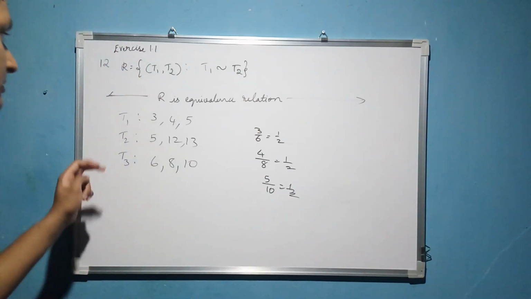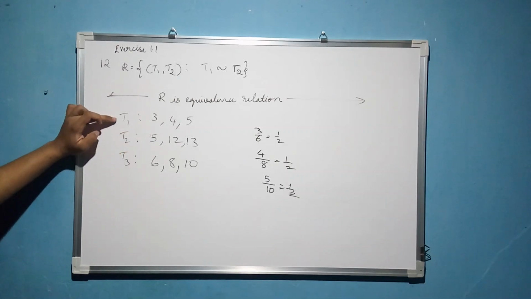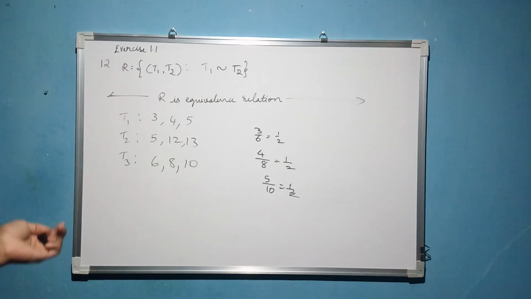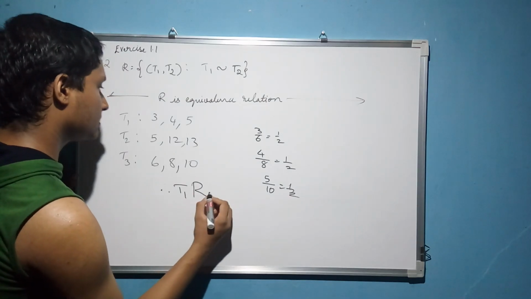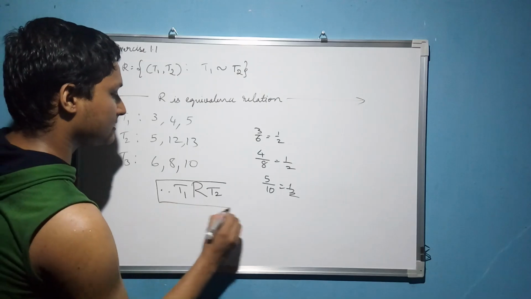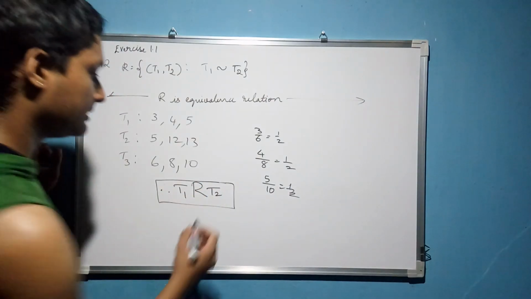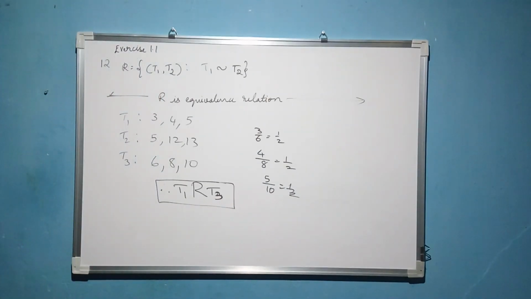That means the ratio of the sides of triangle 1 and triangle 3 are equal, or in other words, the sides are proportional. Therefore, T1 is related to T3. This is also another type of notation that we use to show that T1 is related to T3. Right? Next, we have the 13th question now.